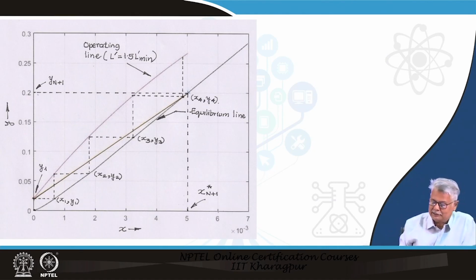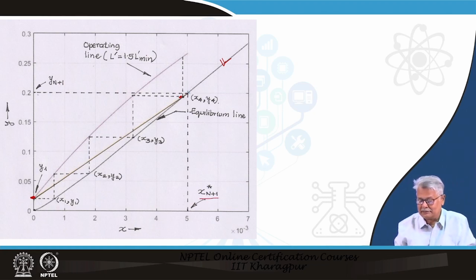Here what we have is the XY coordinate, here we have the Y, and here we have the X. The equilibrium data is here. Corresponding to the L minimum, this is my starting point, which is the top of my absorber, and this is the bottom end, and we have noted that corresponding to Yn plus 1, what we have here is basically Xn star.